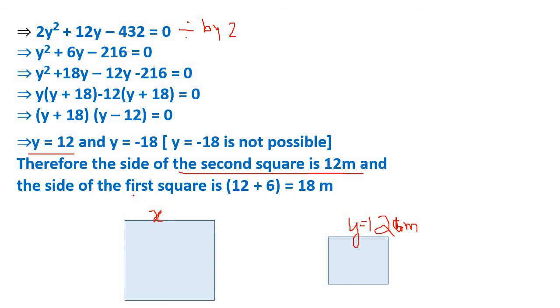And the side of the first square is 12 plus 6, which is equal to 18 meter. So x is equal to 18 meters. So this is how we can calculate the sides of the squares by solving the quadratic equation.